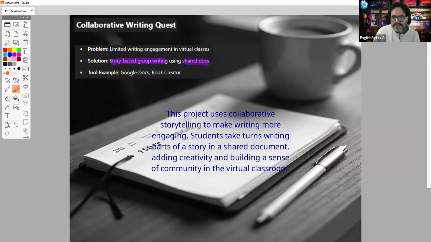Google Docs is the easiest one to create. There are some other online apps that even allow you to add some cool elements like pictures and stuff, like creating books online. It's really cool. So this is another idea for that project that you may have.